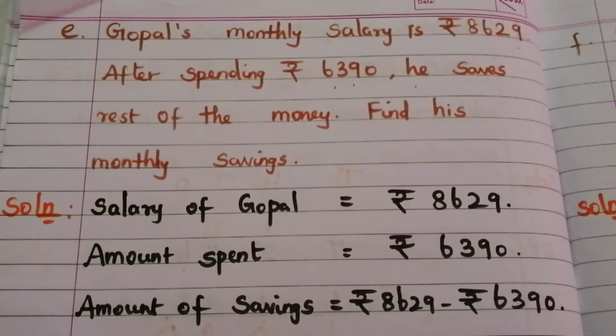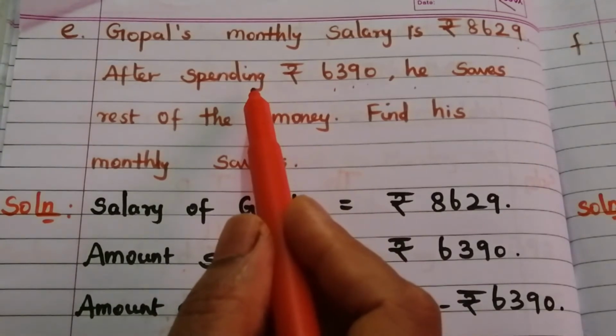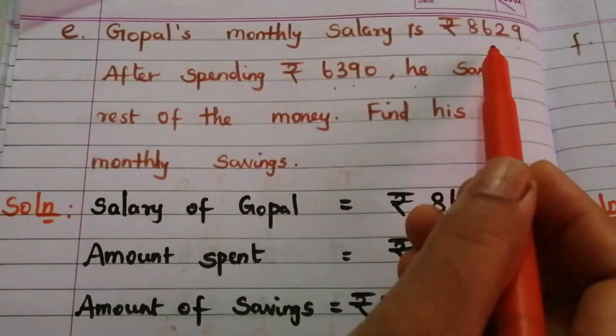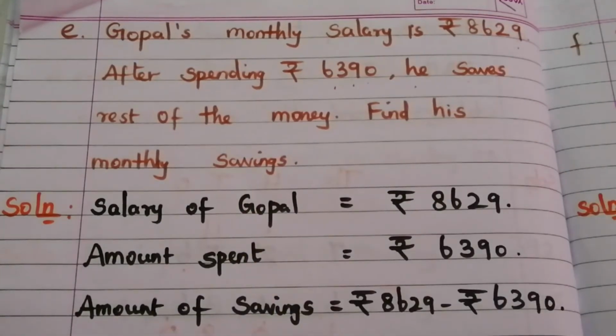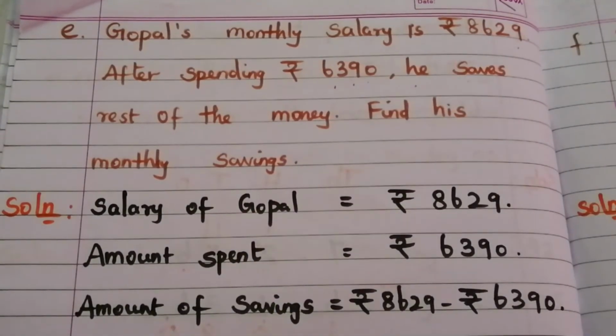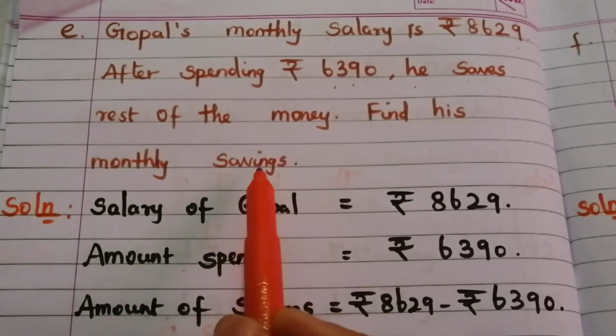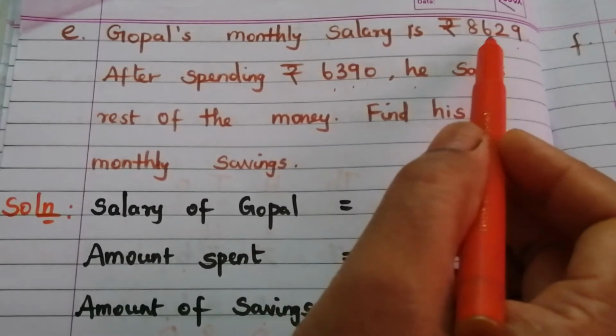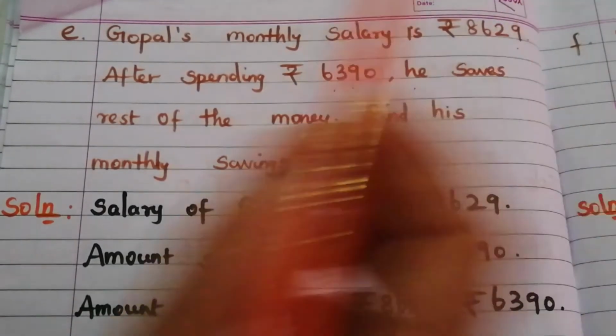To find this, we have to subtract the amount spent by him from the total amount. So to find the monthly savings, we have to subtract 6,390 from 8,629.